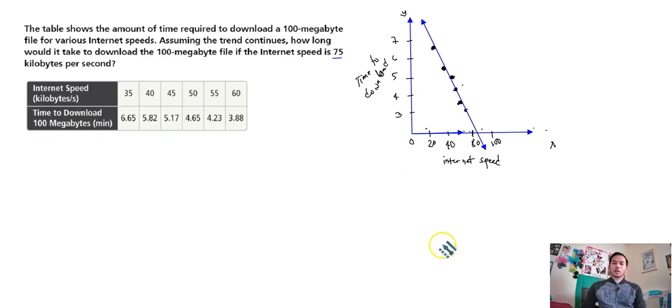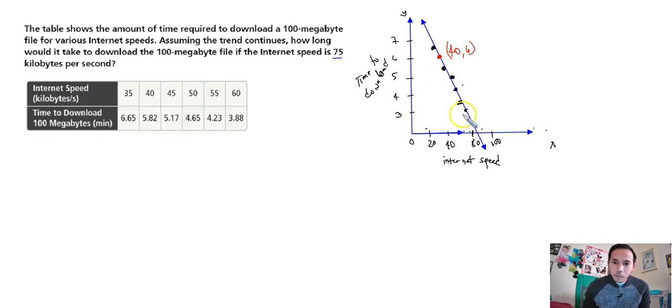Okay, and then the next step is I'm going to select 2 points. So my point would be maybe 40 and 6. Okay, 40 and 6, it's this one, so I'll be using red. So I'm going to use 40 and 6, and then the other one would be 55 and 4.